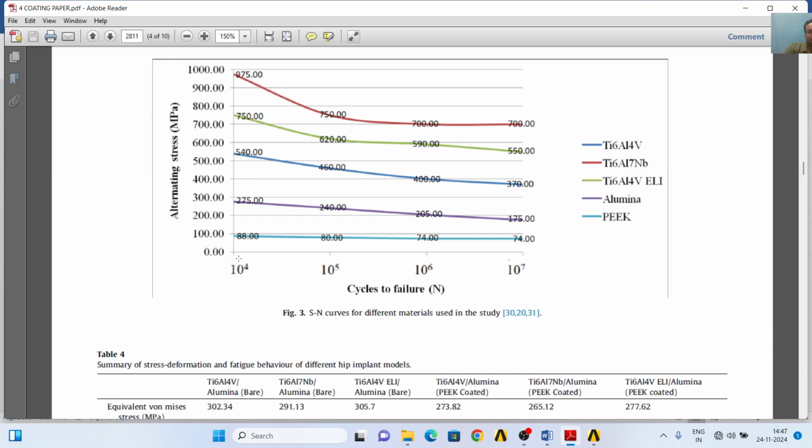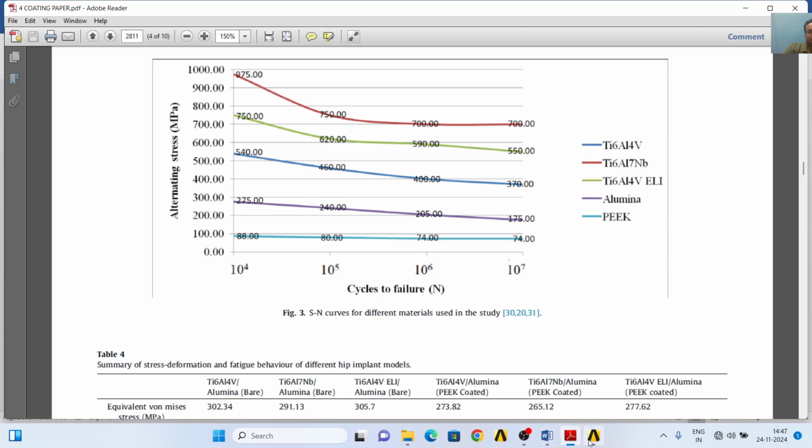For 10 to the power 4 cycles, alumina will have an alternating stress of 275 megapascal.